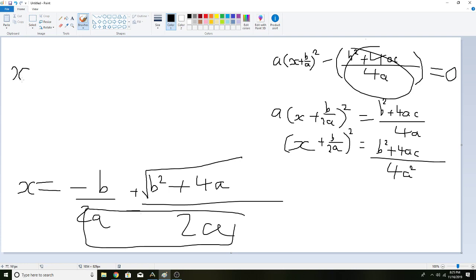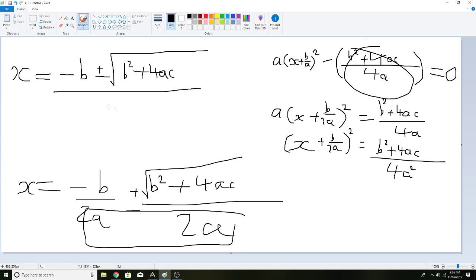So x equals minus b plus or minus square root of b squared plus 4a. Wait, have I eliminated 4ac? It's 4ac. Sorry about that. And then that's over 2a.